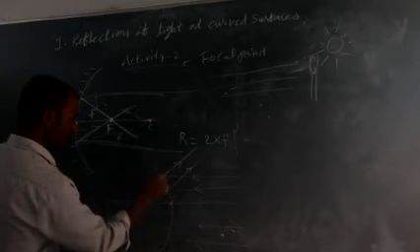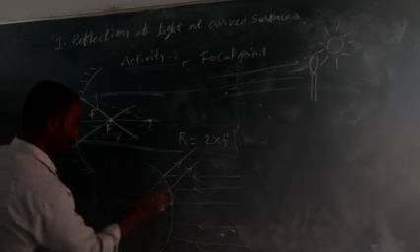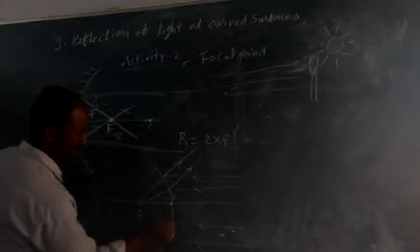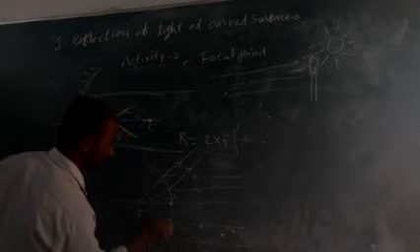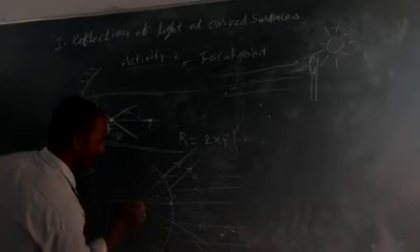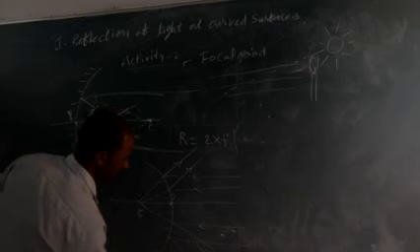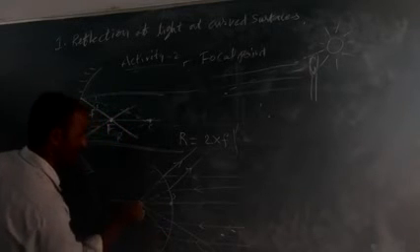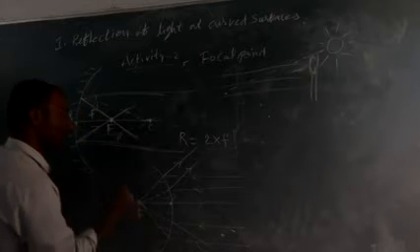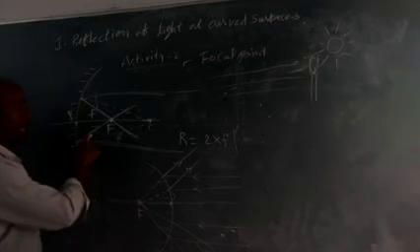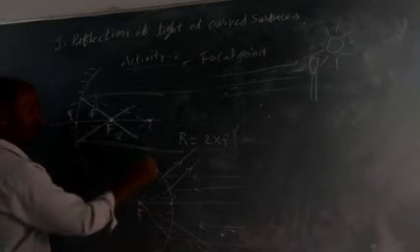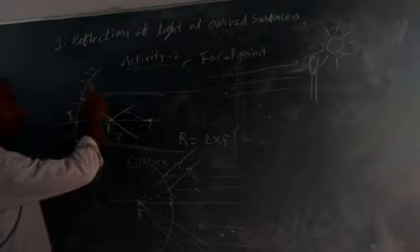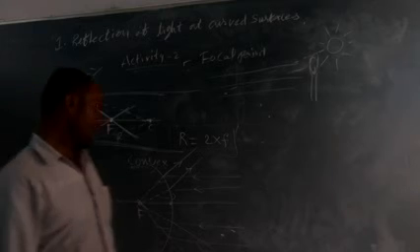When you extend these reflected rays, they are going to meet at a particular point. That point is going to be called what? Focal point. This is the diagram of the convex mirror which shows the focal point. This is the diagram of the concave mirror which shows the focal point.